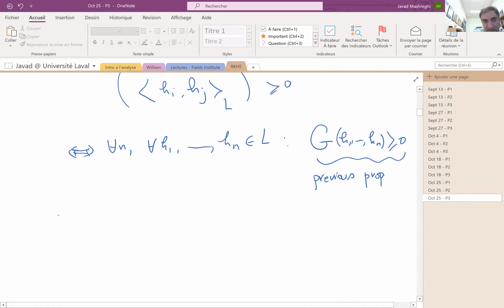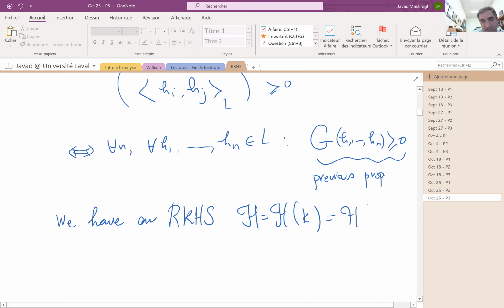And so we have an RKHS, H, which can be called H of K or H of G if you want. I mean, any of this notation.